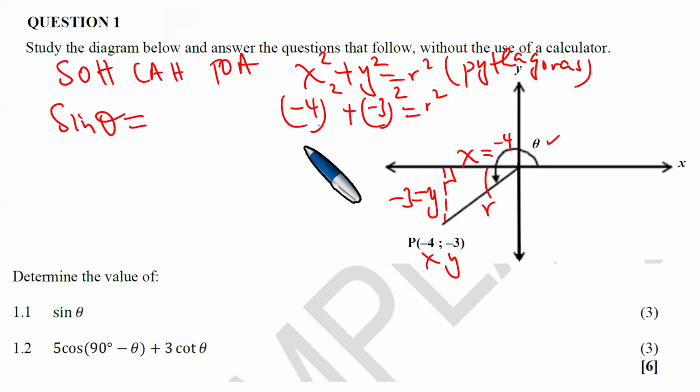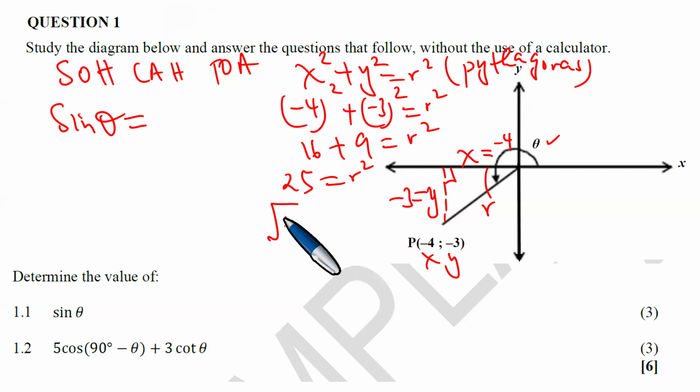If you square minus 4, you get 16. And we have r squared. 16 plus 9 is what? It is 25, equals r squared. So you take the square root of 25, the square root of r squared.